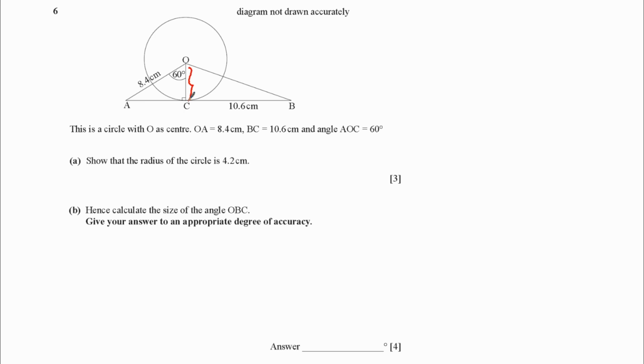Sometimes in maths we need to reduce the questions to smaller bits and parts. If you are familiar with trigonometry, you can simplify this. Just consider OCA. I'm going to simplify it and basically draw that OCA.